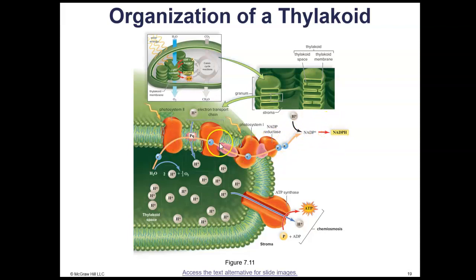After the electron reaches photosystem 1, and sunlight is absorbed and excites that electron again, then the energy from that electron is going to be used. It's going to combine with hydrogen ions and NADP plus to produce NADPH, which will go on to the Calvin cycle reaction and help fuel that reaction.